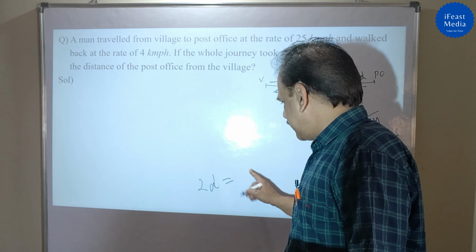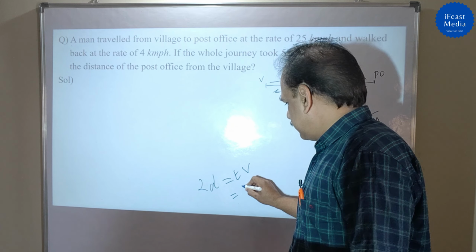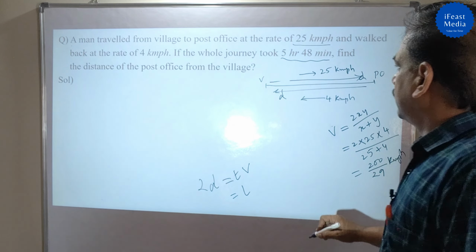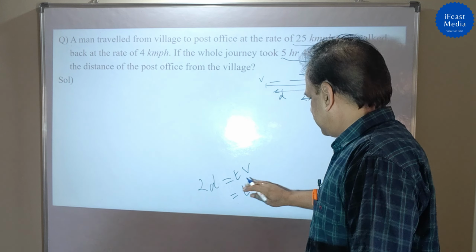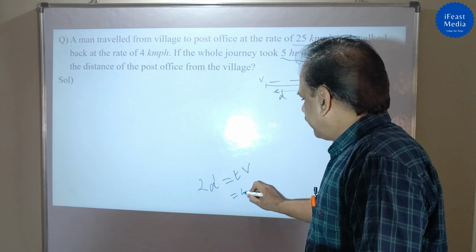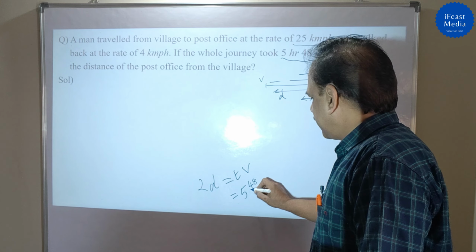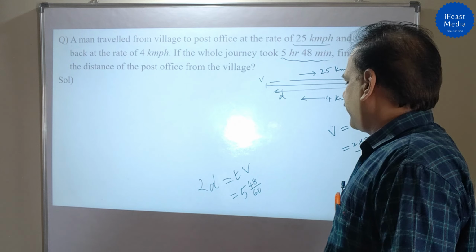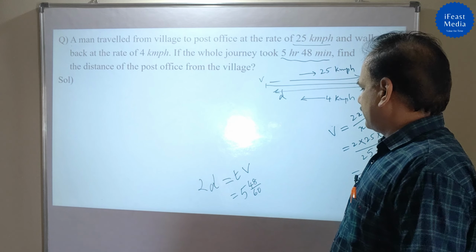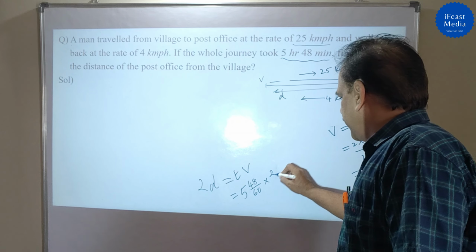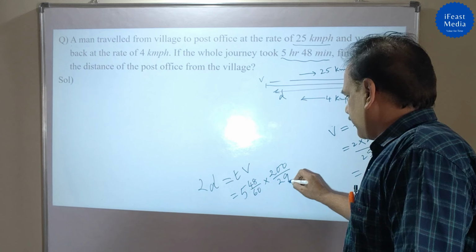d equals t into v, right? So the time taken is 5 hours 48 minutes, you can write it as 5 48 by 60 hours. Average speed is 200 by 29.